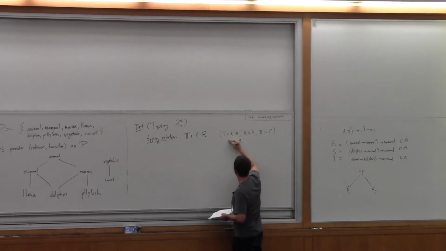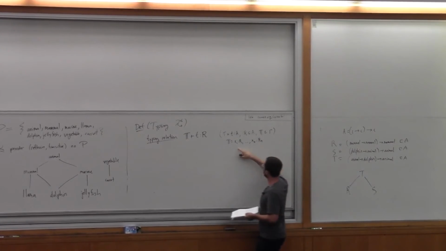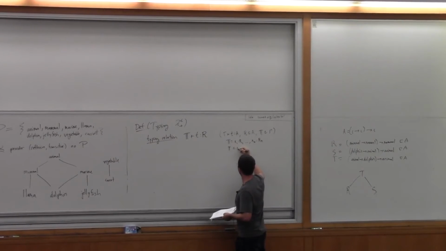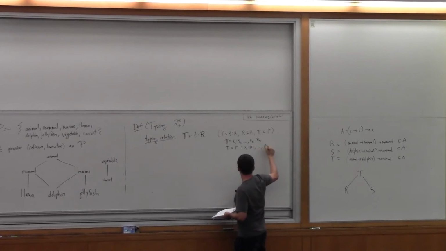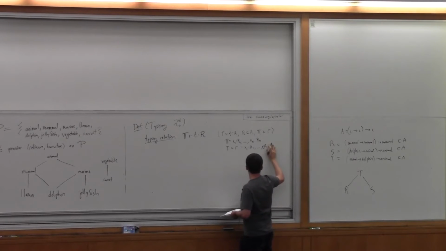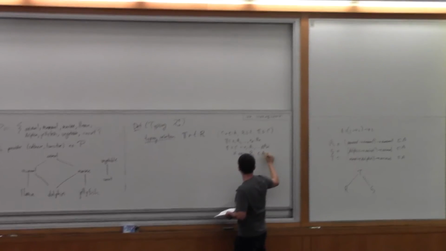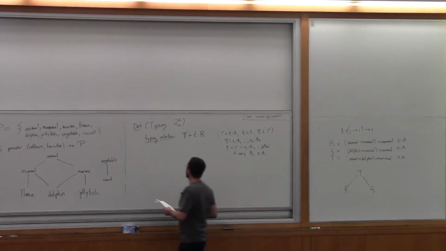Suppose that pi is some list of types for the variables, it's going to refine gamma if every Ri refines Ai.